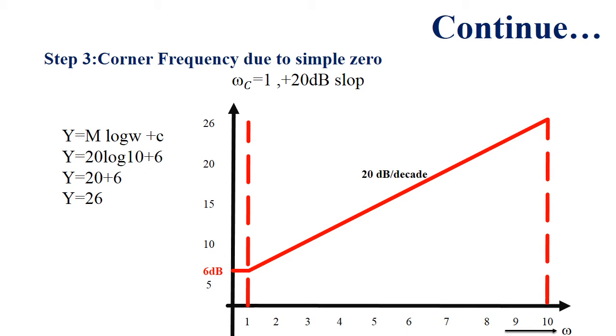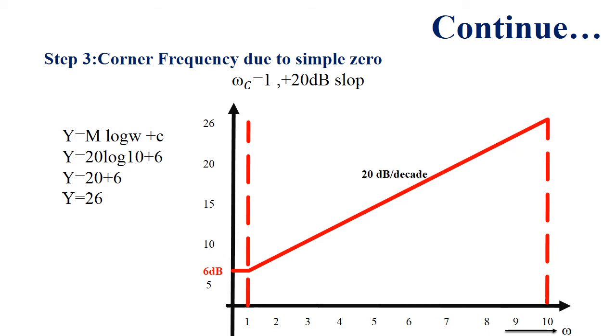So y equals 20 log 10, meaning the corner frequency 10, plus c, which is basically 6 dB, where our gain value will start. So y equals 26. So the highest value of our Bode plot will be 26, at which our second or last corner frequency will occur.